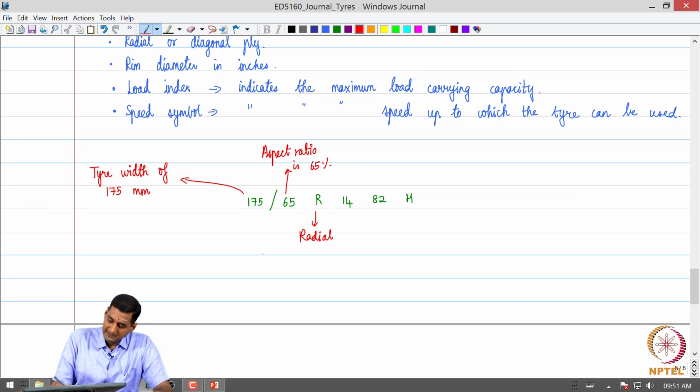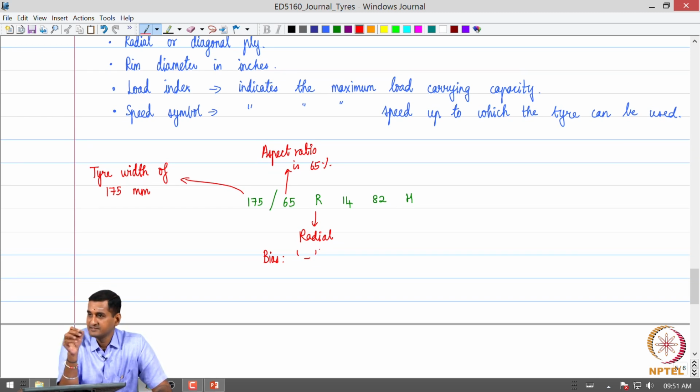Typically for bias ply or diagonal tires, people use a hyphen, a dash, to indicate a bias ply design. In some cases one also uses the marking B or D to indicate a bias ply or diagonal tire.